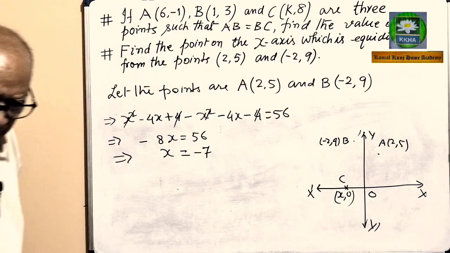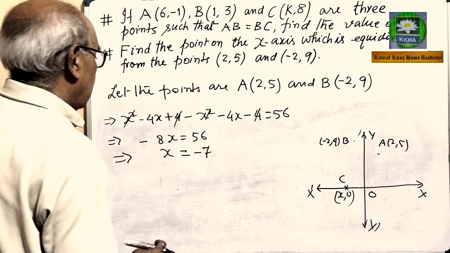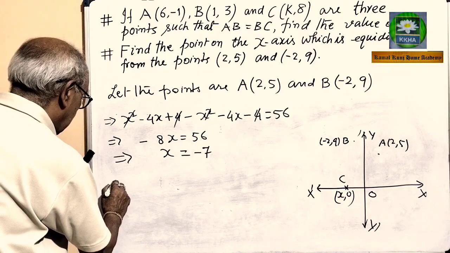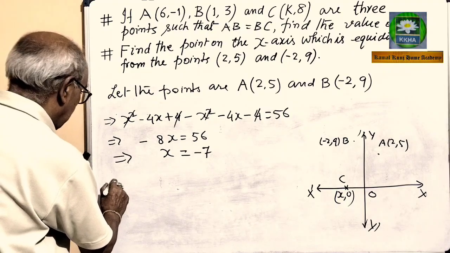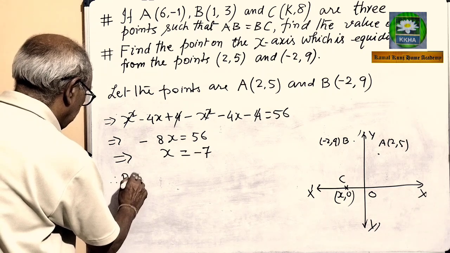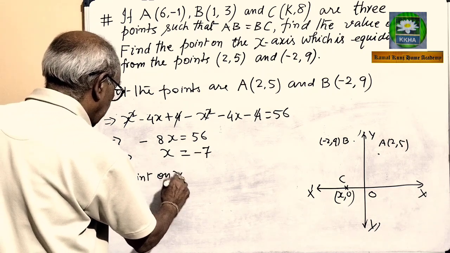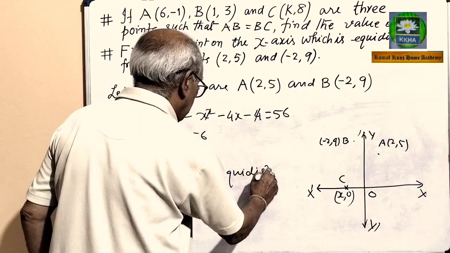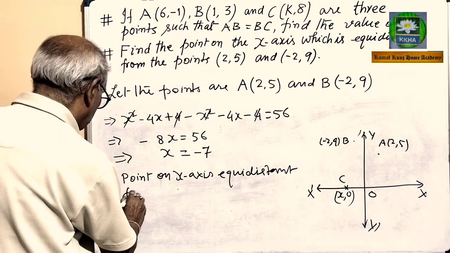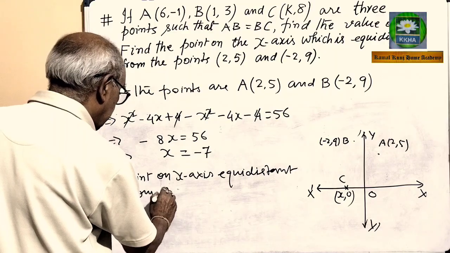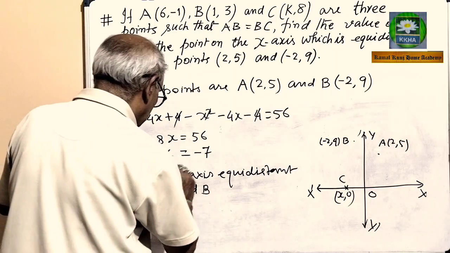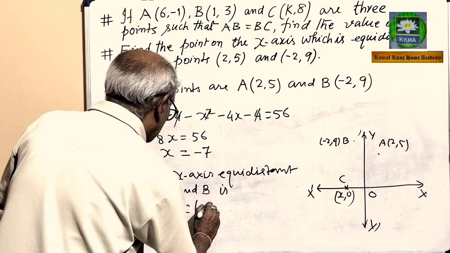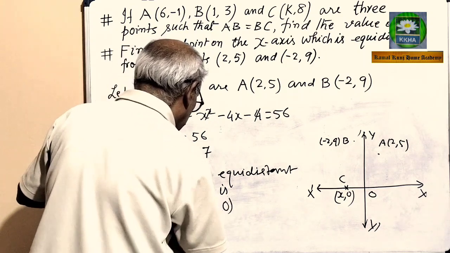Therefore, the point on the x-axis which is equidistant from A and B is C, whose coordinates are (-7, 0).